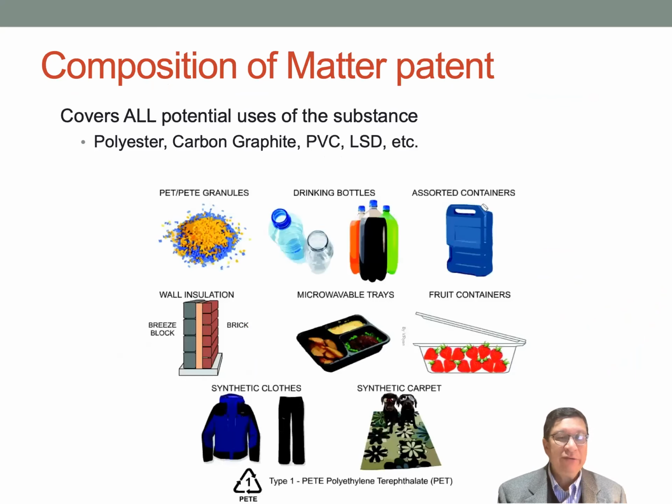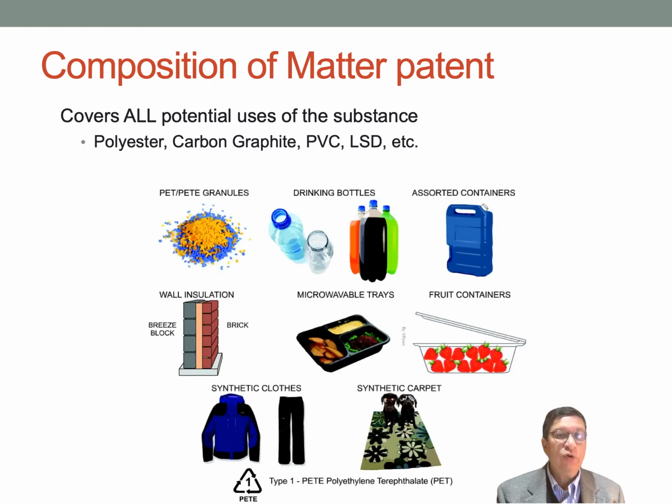Composition of matter patents are quite broad and powerful. They allow you to patent a new form of matter. Typically today, that would be a new metallic alloy or a plastic polymer, a type of carbon graphite. And if you invent a new material and get a patent on it, then you control all uses of that material.